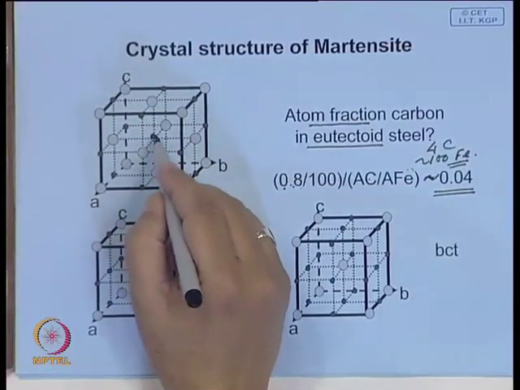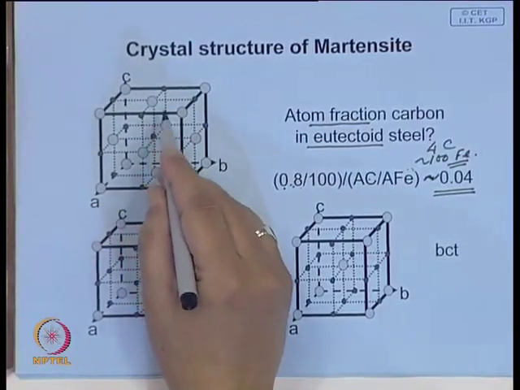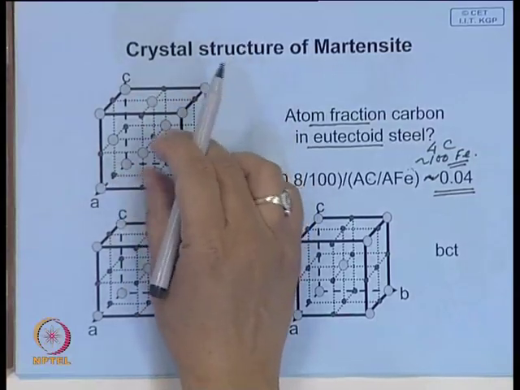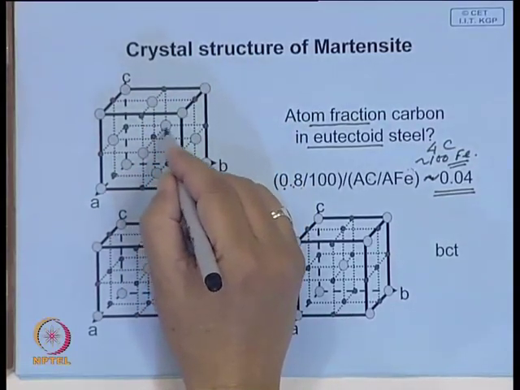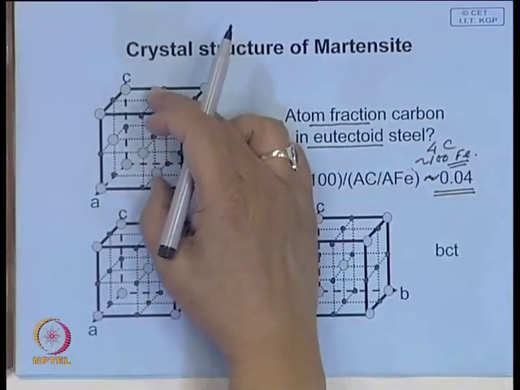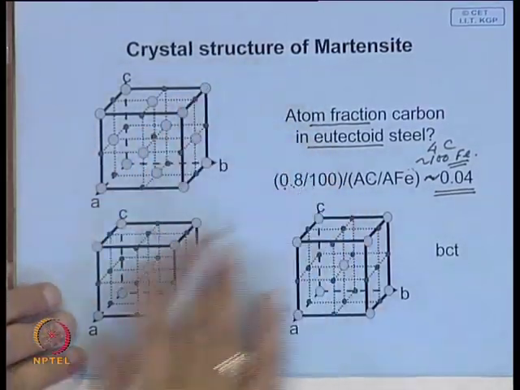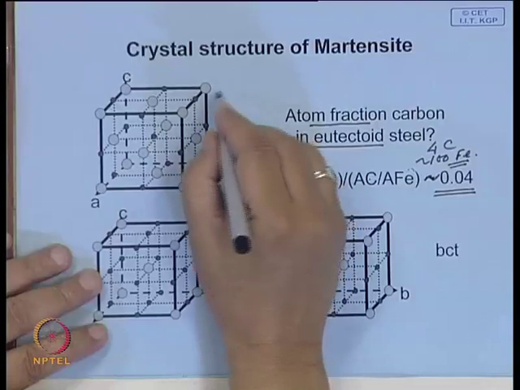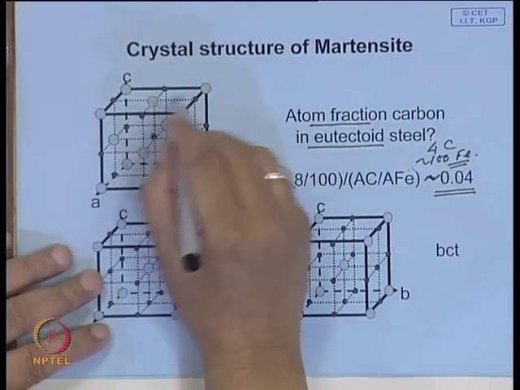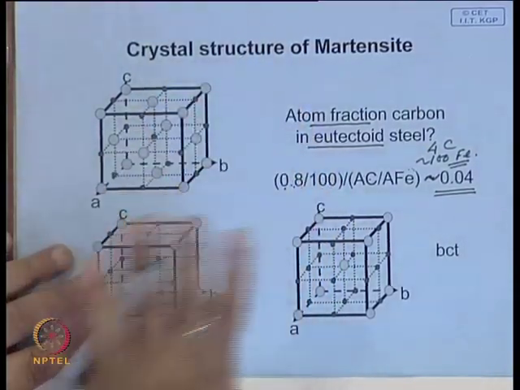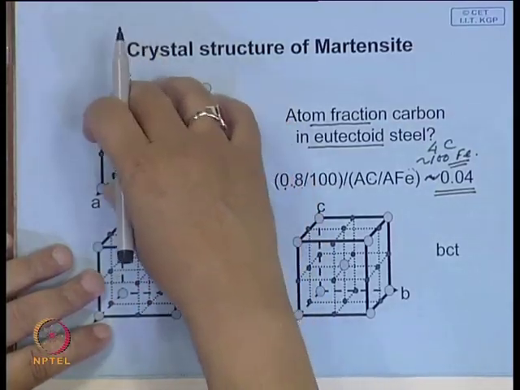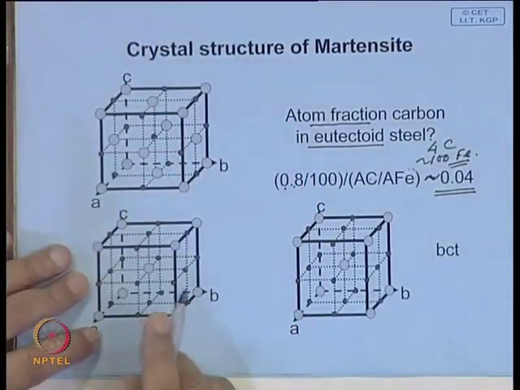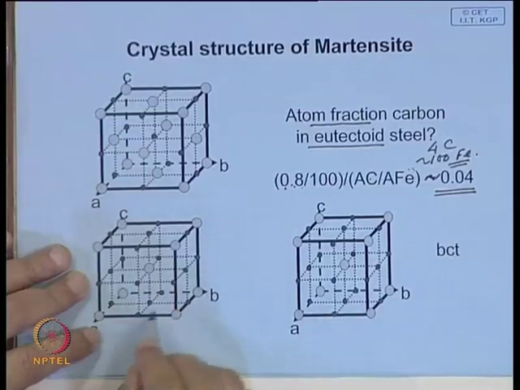And if at all a carbon atom is located here, the lattice will be distorted, no doubt, slightly, if you keep by force some amount of carbon atoms, but this distortion will be uniform in all directions. So, as the carbon concentration goes up in austenite, its lattice parameter will increase, but the lattice will not be distorted.